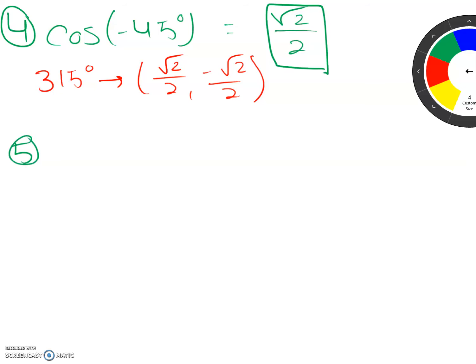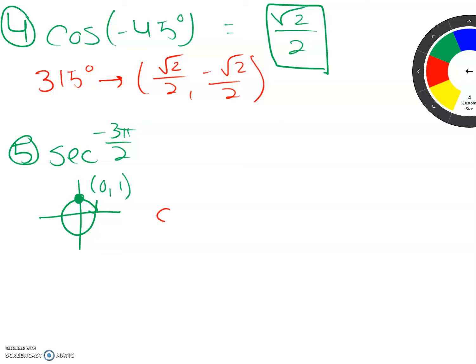Number 5, secant of negative 3 pi over 2. Well, negative 3 pi over 2, that is the same spot because you've got to remember, you've got to go clockwise to get there. So that is up here where pi over 2 usually is. That coordinate is 0, 1.